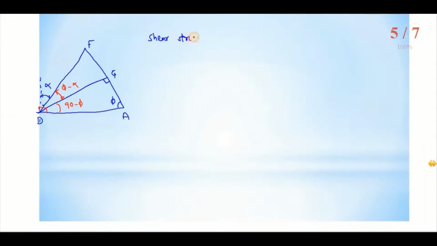shear strain that we are getting, that is AG upon DG plus GF upon DG. So now consider these two triangles. One triangle will be AGD and the second triangle will be GFD.